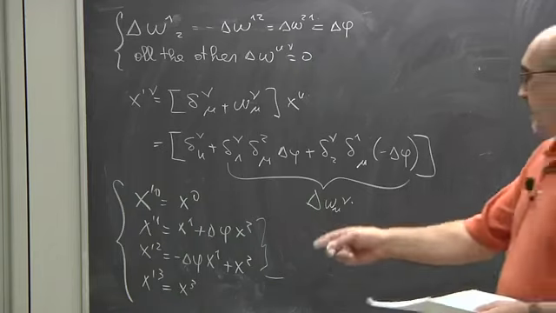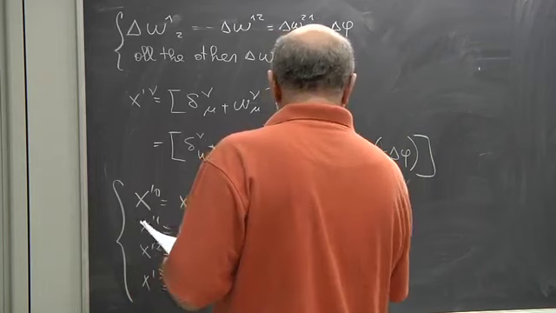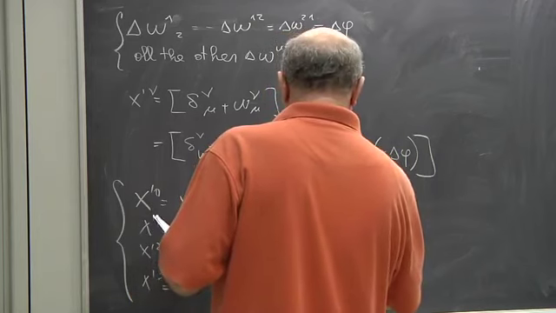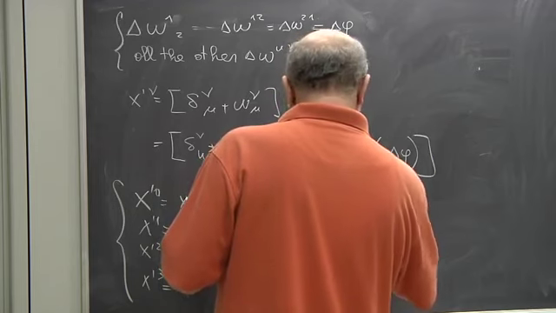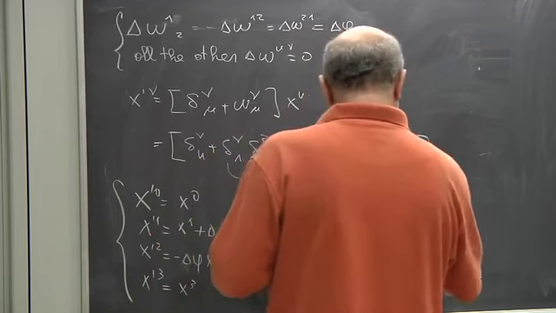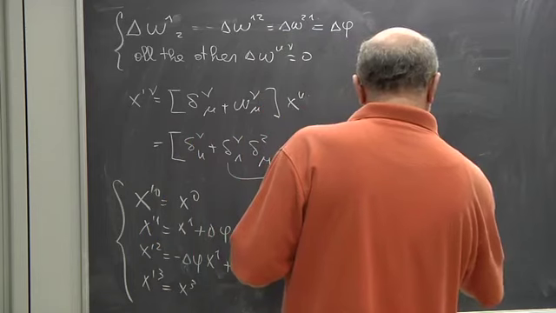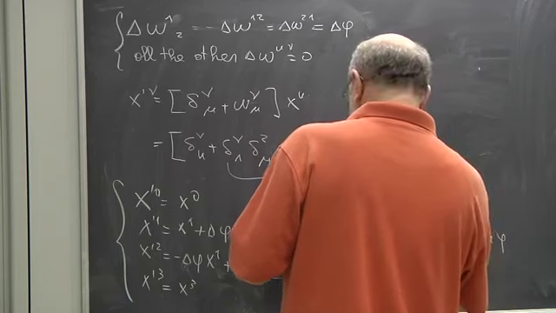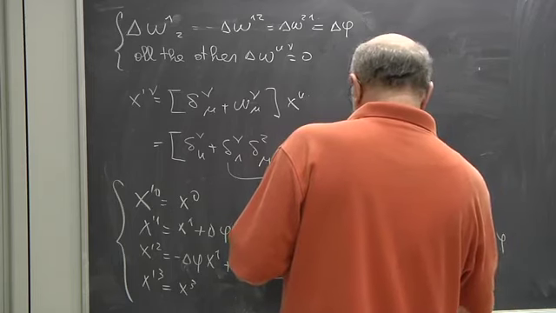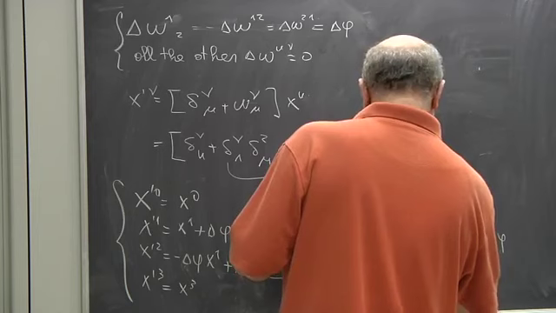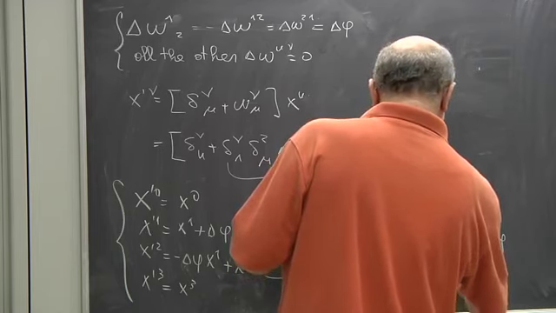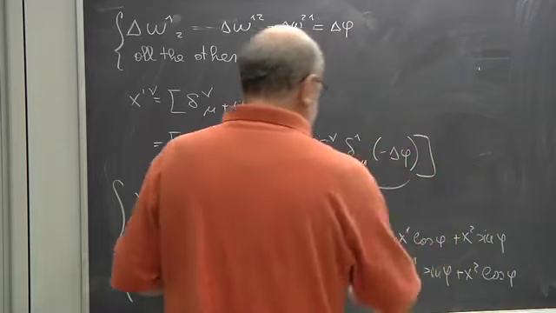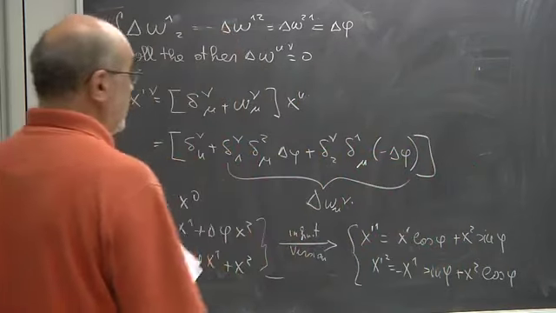Means basically this is the infinitesimal version of the following transformation: x prime 1 equal x1 cos phi plus x2 sin phi, and x prime 2 is equal minus x1 sin phi plus x2 cos phi. Okay, the infinitesimal version of that is this one.